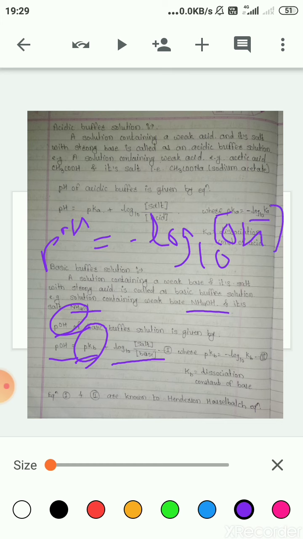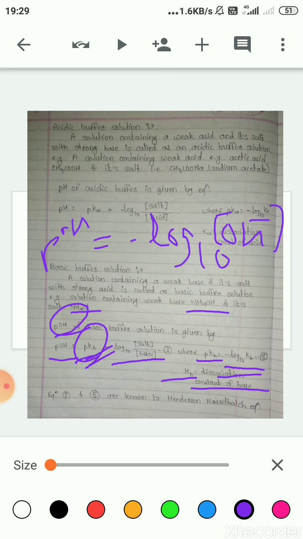Okay, in the same way here Kb is the dissociation constant of base. Therefore, we can write the equation like this: pKb is equal to negative log to the base 10 of Kb, and here Kb is the dissociation constant of base.